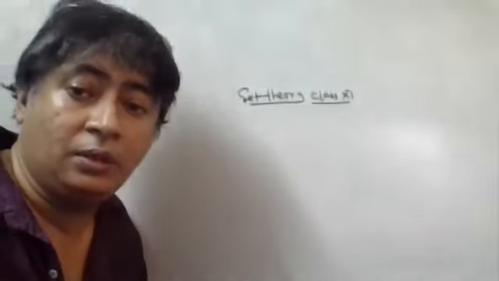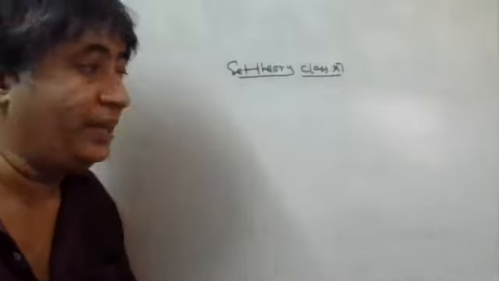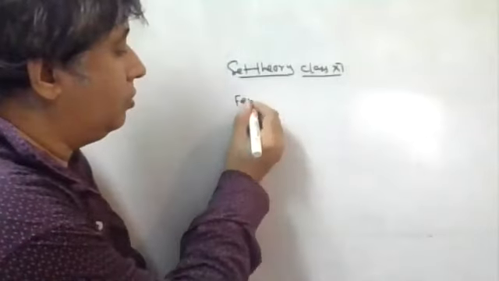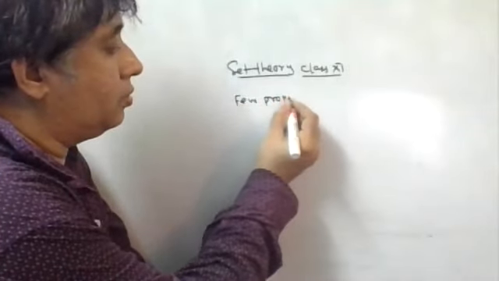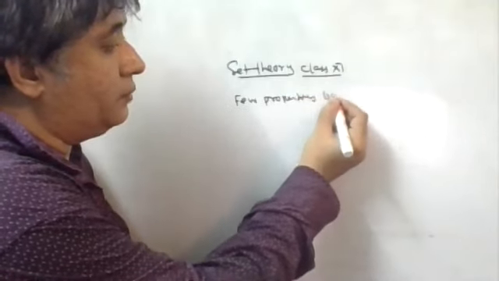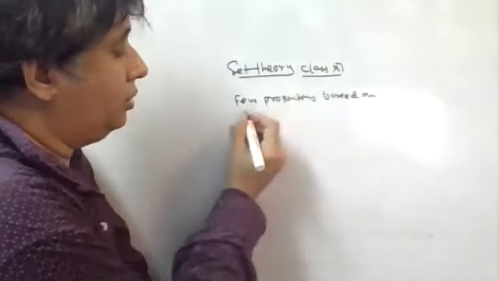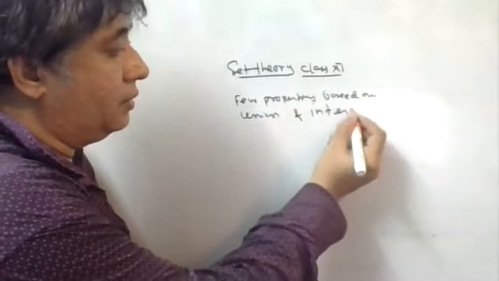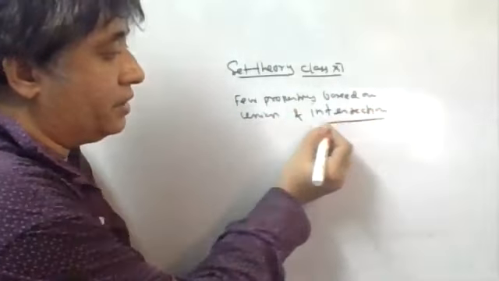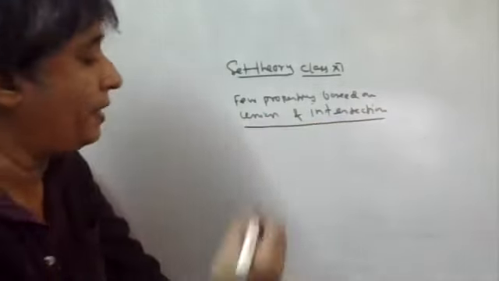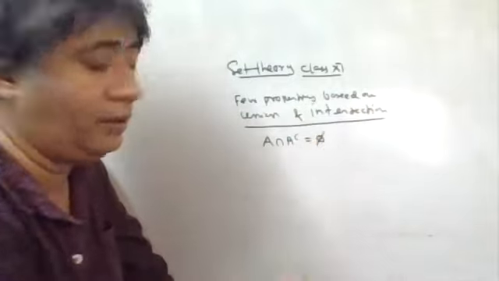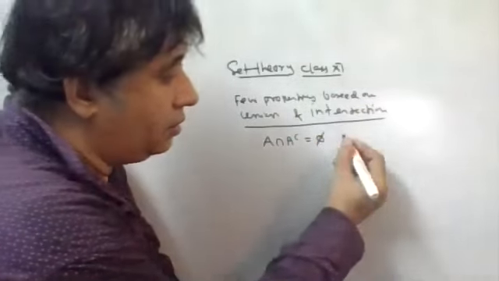Now, a few properties based on union and intersection. One property we were taught already: A intersection A complement is null.